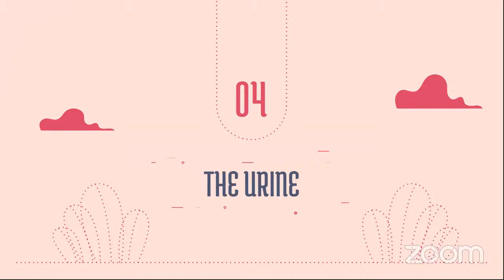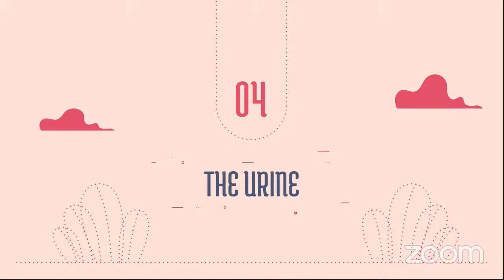Now the urine. What is the importance of studying the urine? The urine is composed of about 95% water and 5% other substances, such as urea, uric acid, creatinine, minerals, salts, sugar, and other pigments. You can know a lot about someone's health by studying their urine, such as the level of creatinine.